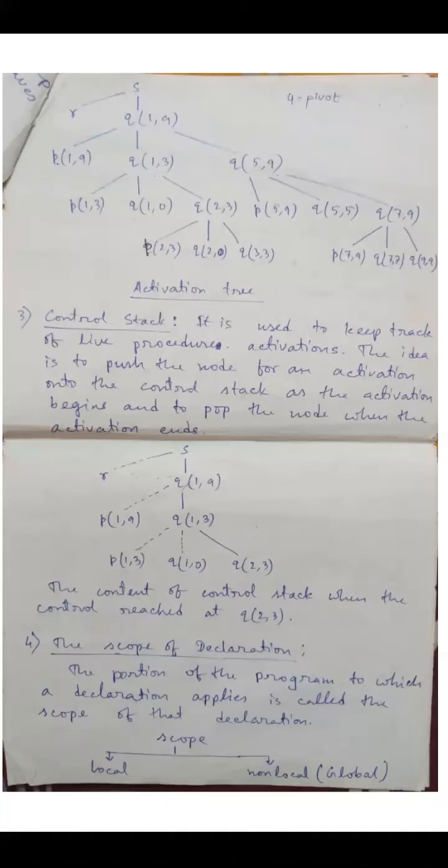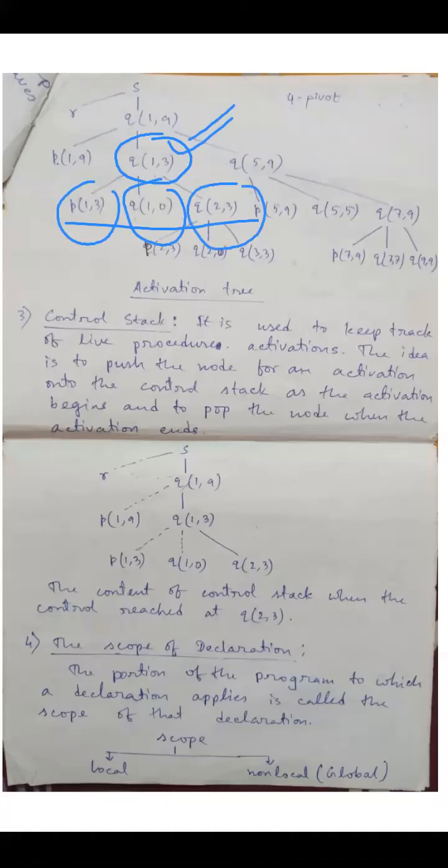Now I want to tell you that here there are so many function calls. They may be recursive, but there are so many function calls. For example, when we execute Q(1,3), then for this quick-sort function again we will call three functions. First will be partition for this function, then another quick-sort for the left side, and another quick-sort for the right section.